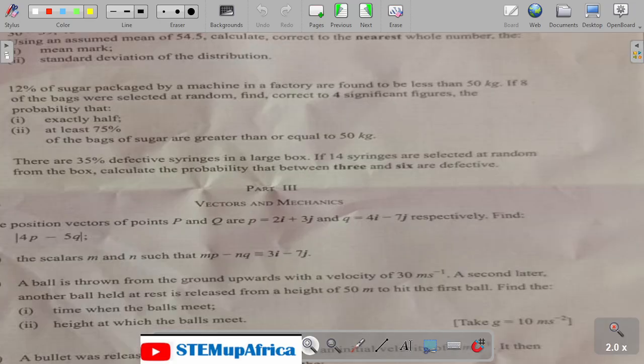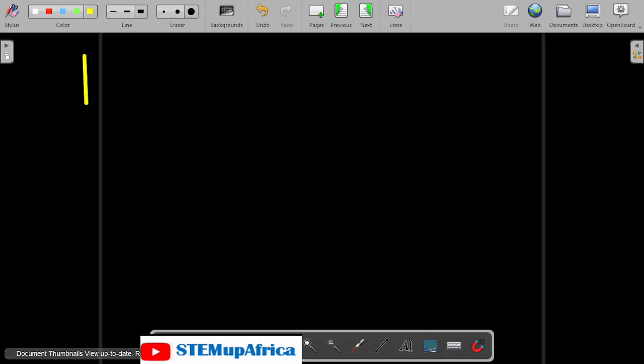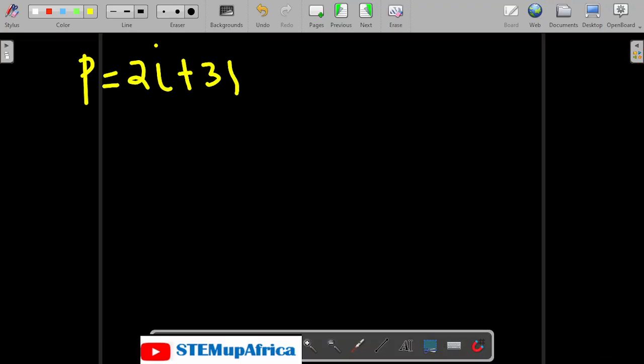So you should find the absolute value of 4p minus 5q. So let's put P and Q. My P is 2i plus 3j and Q is 4i minus 7j. This is question 14a.